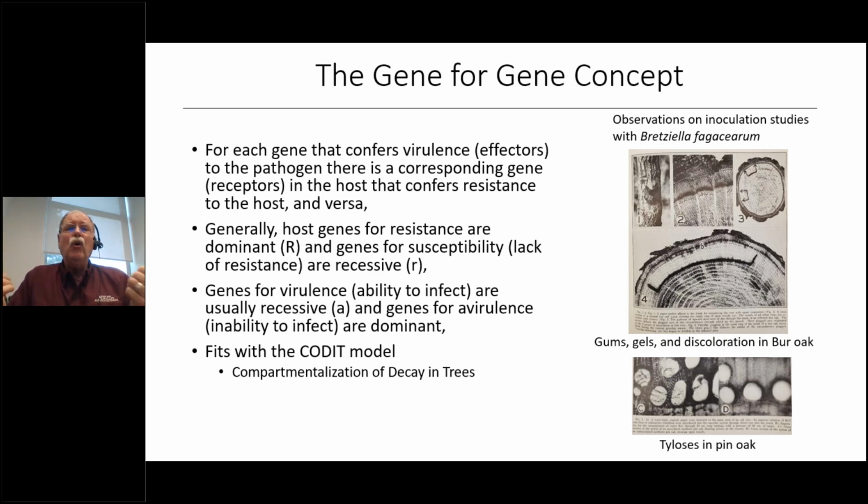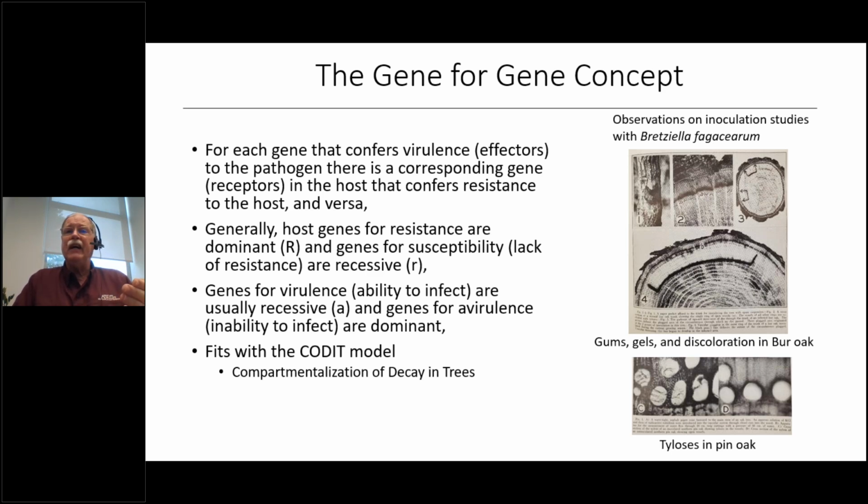Generally, we know what these genes are in a lot of host-parasite interactions. This research has been worked out for many, many crop diseases, so that the breeders can then determine which genes for resistance they need to work into the genetic background of a hybrid that they're trying to make in order to increase the resistance to fungal pathogens in the crop.